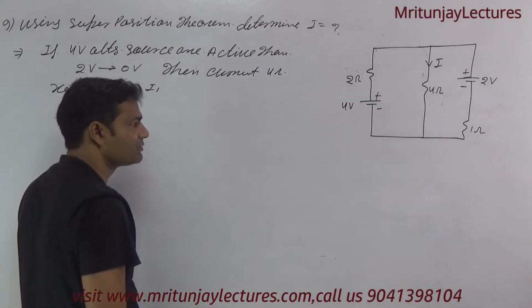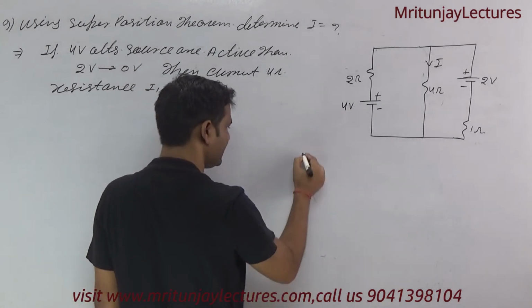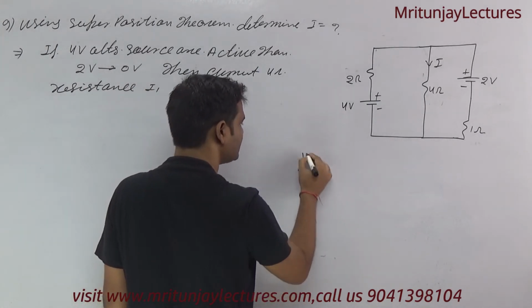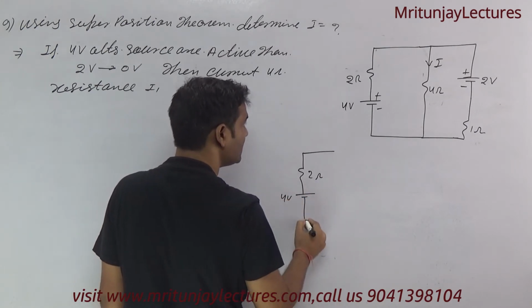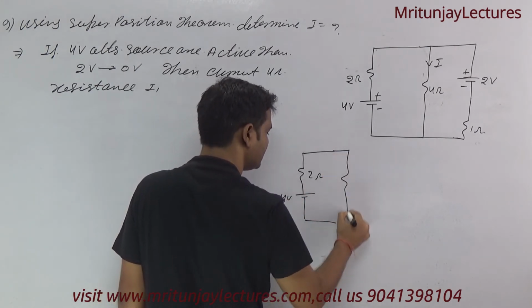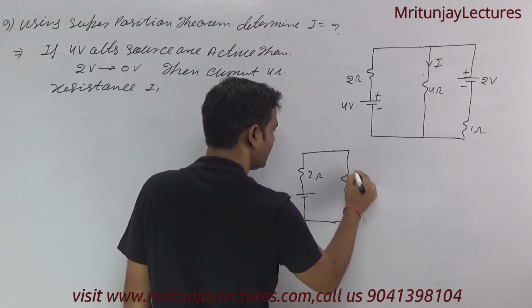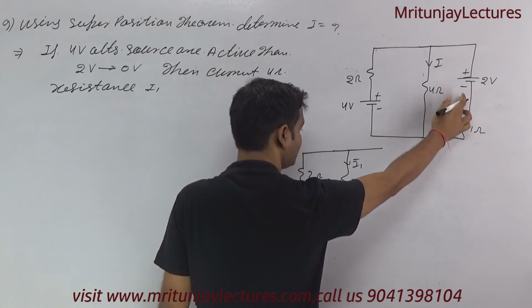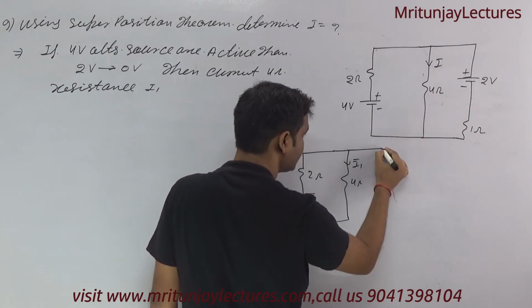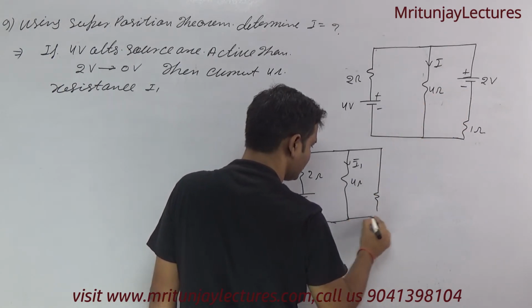So how can we do it? First of all, make that 2 ohm resistance, and that is 4 volt, and here that is 4 ohm. And what about current I1, and this one is 0, means the voltage behaves as a short circuit, and this is 1 ohm.